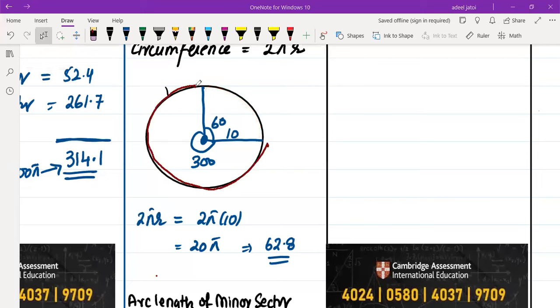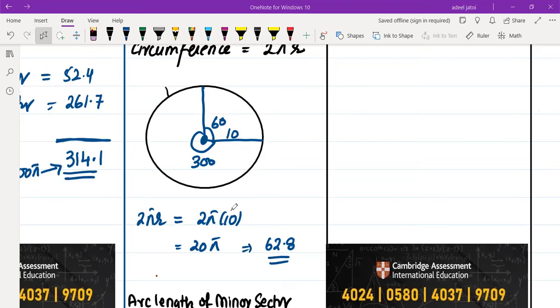But you need to understand again, the entire thing comes from the circumference. The arcs are coming from the circumference. The circumference formula is 2 pi r.